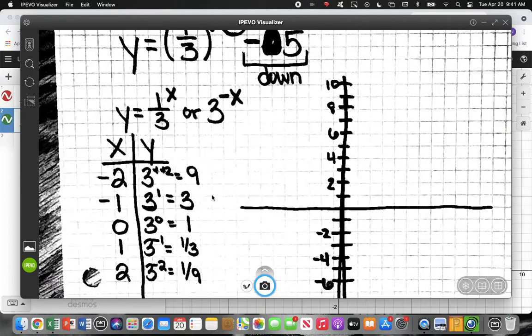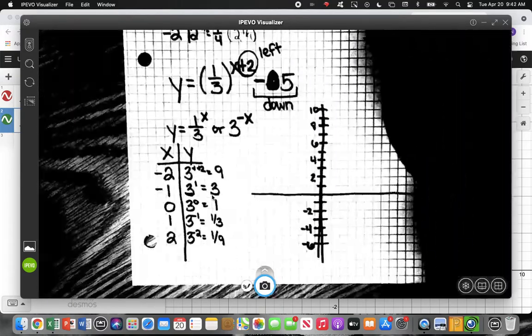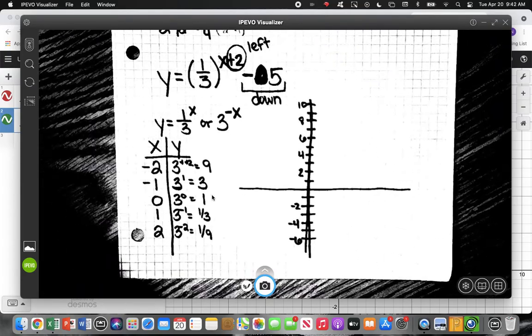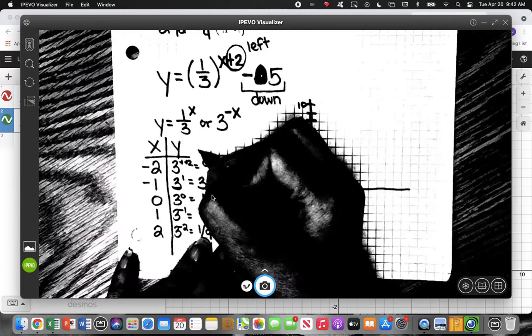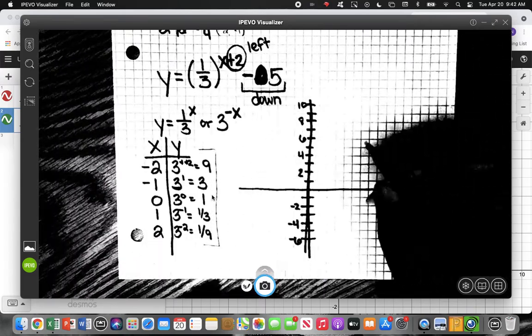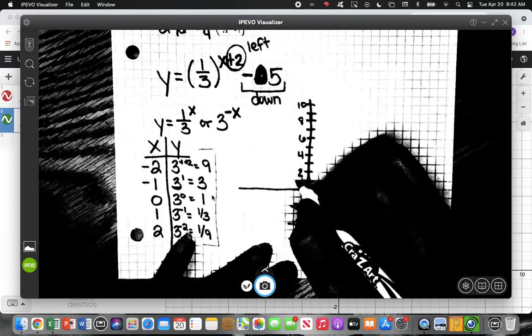All right, so I've got my graphs. The first thing I'm going to do is graph my parent function.